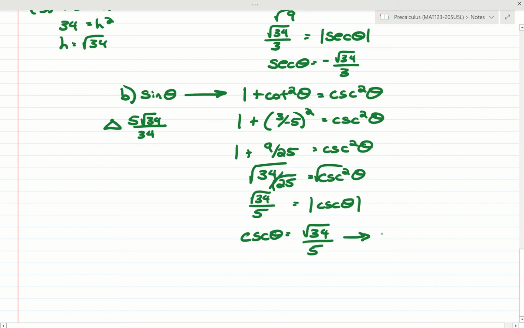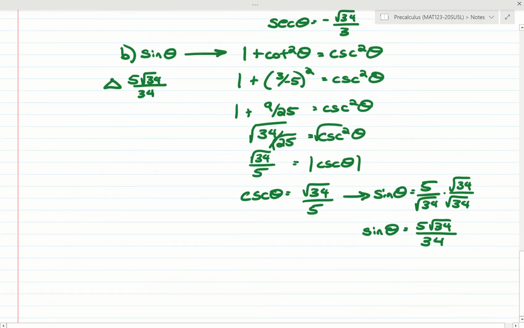So if we know what cosecant is using a reciprocal property, sine of theta would be 5 over root 34, and rationalizing would give us sine of theta equal to 5 root 34 over 34. Exactly what we were expecting.